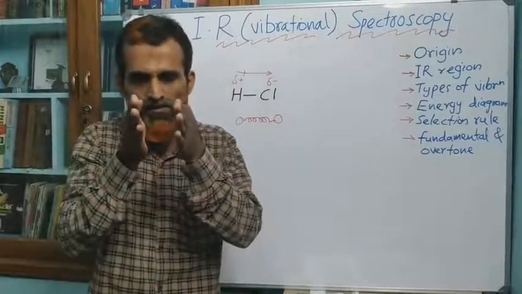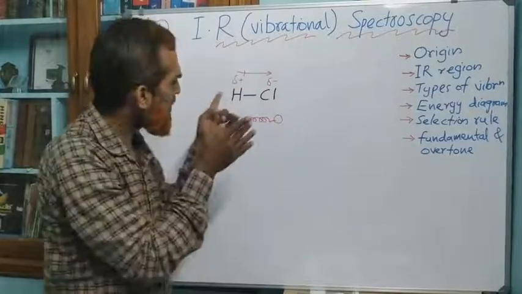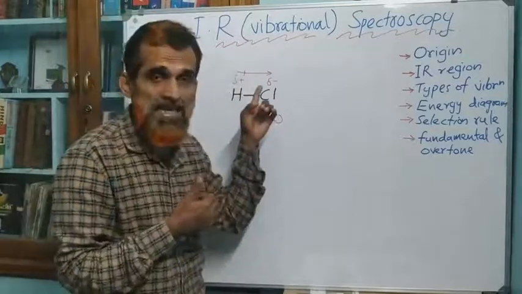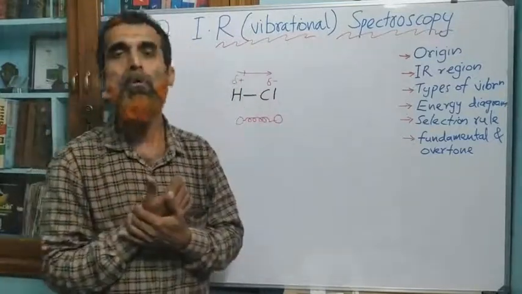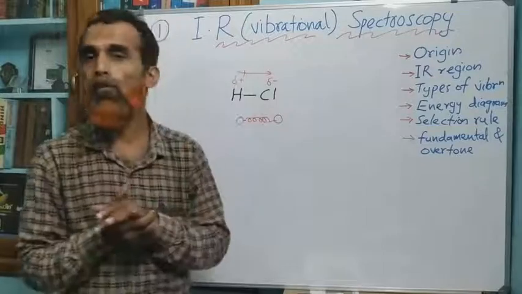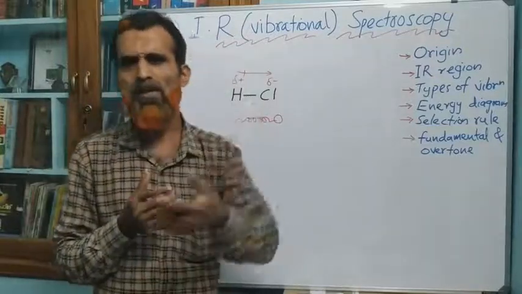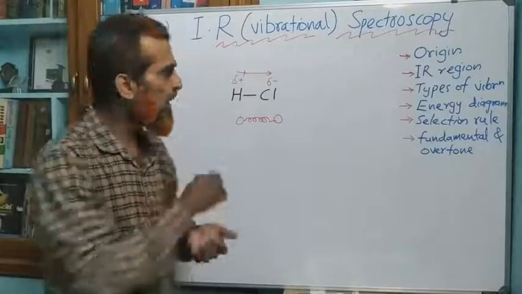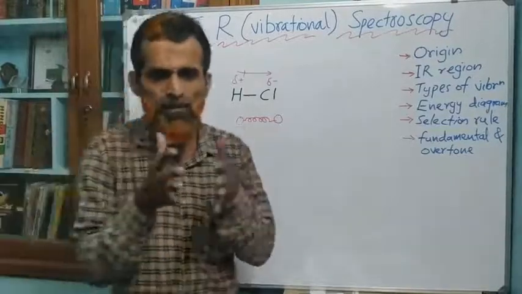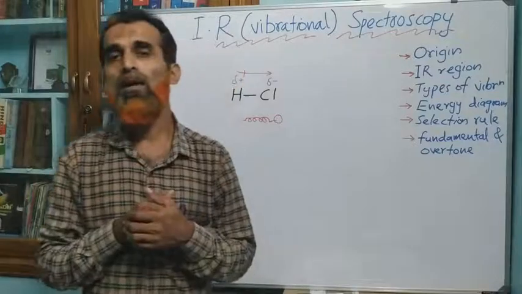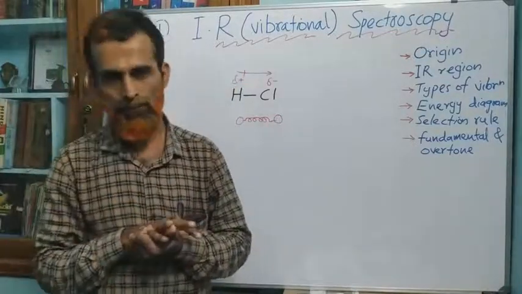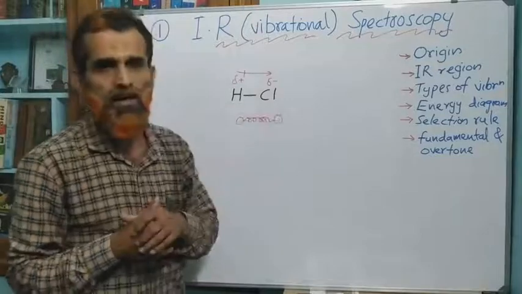So this vibration of HCl molecule will result in change in the bond polarity or change in the dipole moment. There will be fluctuation of polarity or dipole moment due to this vibration. So this vibration of the molecule gives rise to different vibrational energy levels for the molecule. So what is IR spectroscopy?